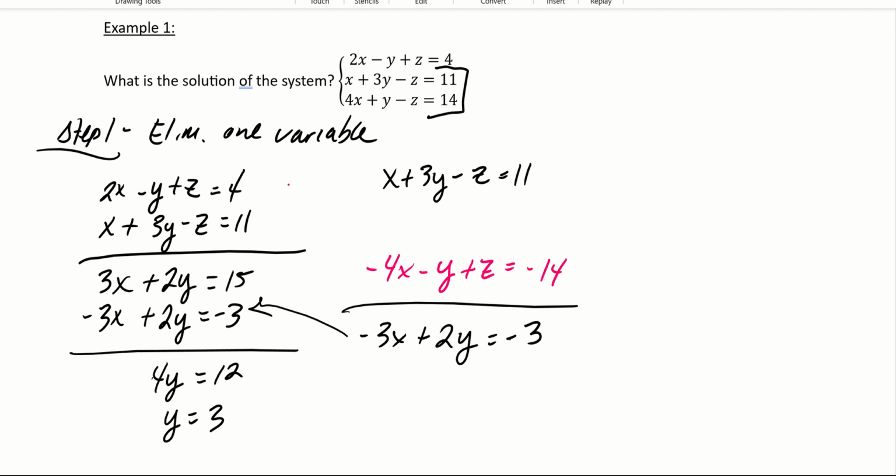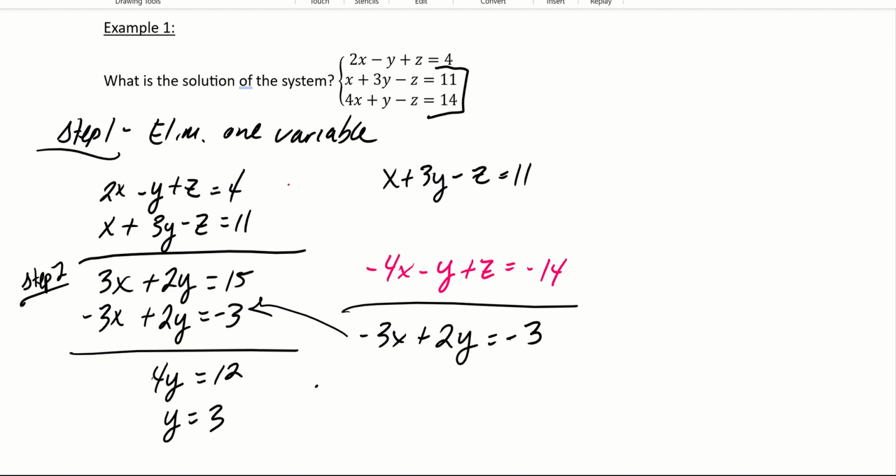I can take that y value now. So this is step 2. So we're going to use our newly generated equations to eliminate one of the 2 leftover variables. Now I can sub y into one of these equations that we just generated to solve for x.